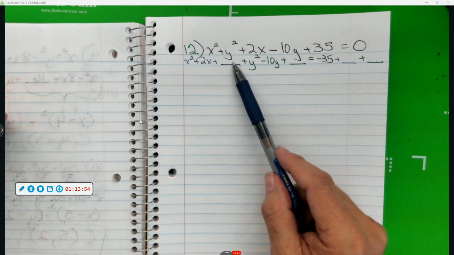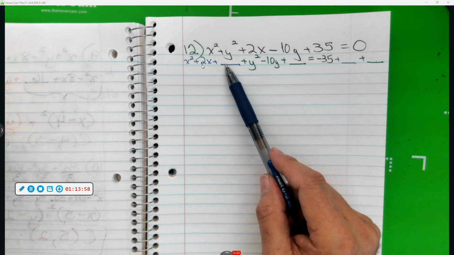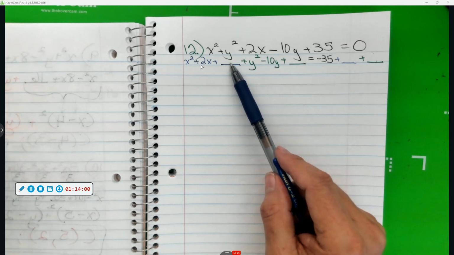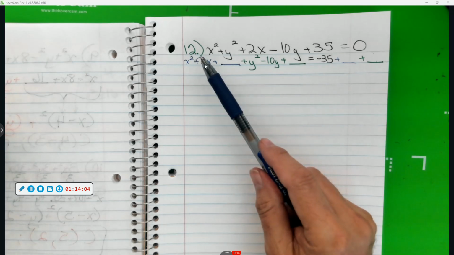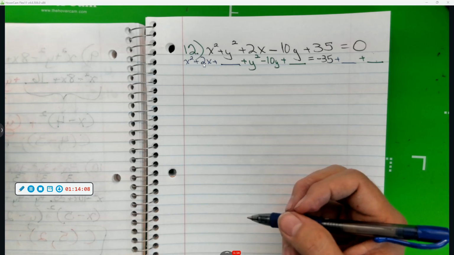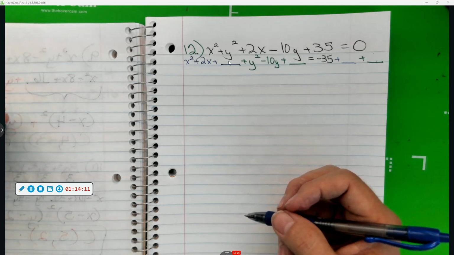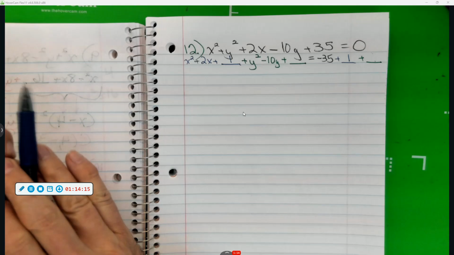Okay, what number's going to go into that first blank, the blue blank? Do the arithmetic in your head and tell me the number I'm going to write here. Take half. Half of 2 is 1. 1 times 1 is 1. So we stick a 1 in the blue blank.